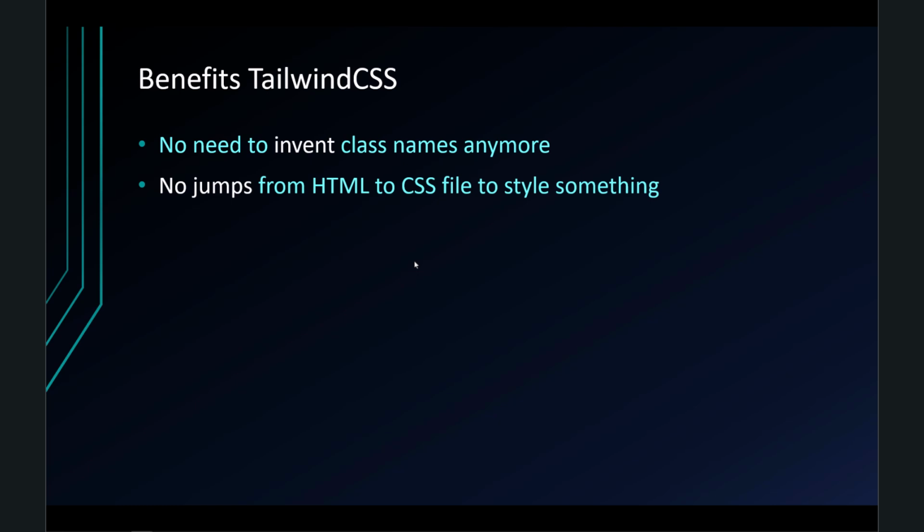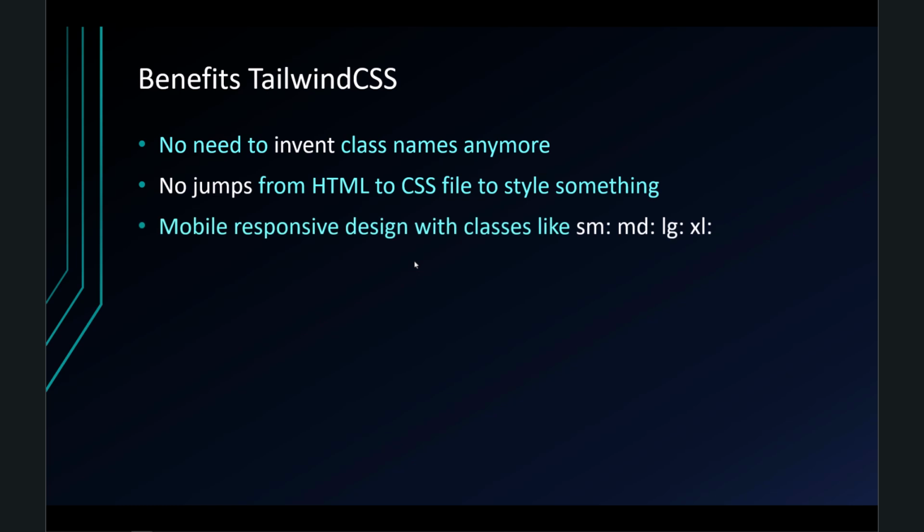With Tailwind CSS, you don't have to jump between your files. Tailwind CSS also provides so many classes for responsiveness. You have different screen sizes and different classes for that: sm, md, lg, xl.